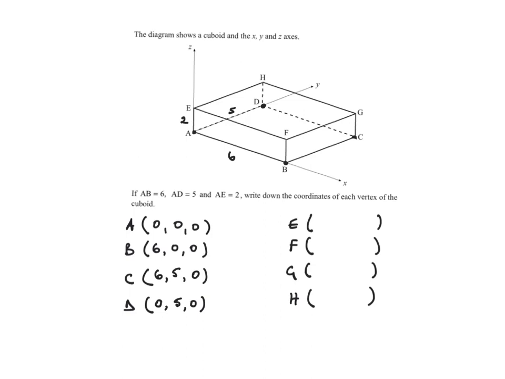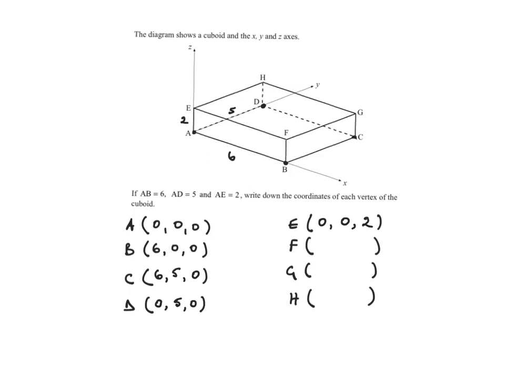Let's think about the point E. Now, starting at A again, we're not moving any in the positive x direction. We're not moving any in the positive y direction, but we are moving 2 spaces up. So that means that we have coordinate 0, 0, 2.